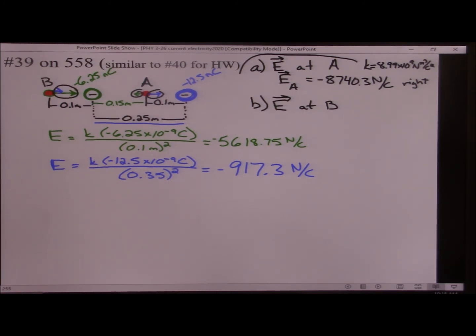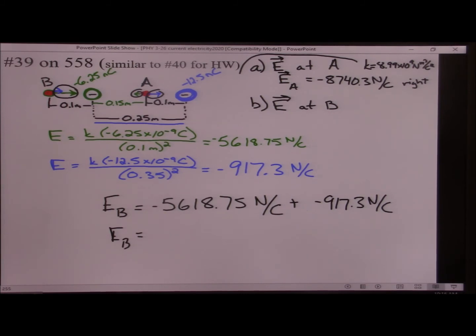Now both arrows are pointed in the same direction. So instead of subtracting these fields, we're going to add them. And we're going to get our electric field at B is equal to 6,536.1 newtons per coulomb.